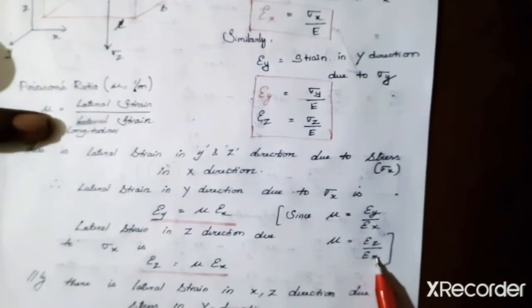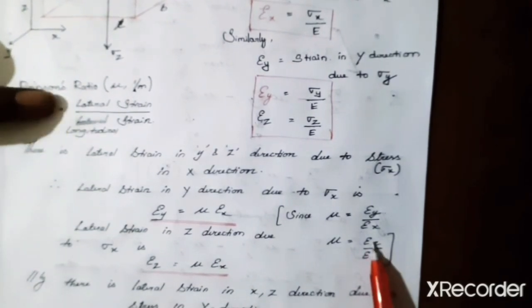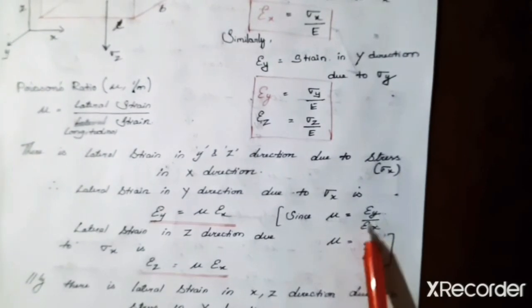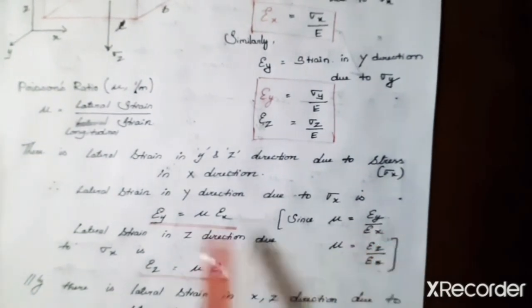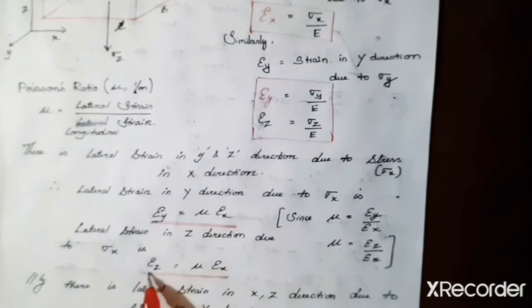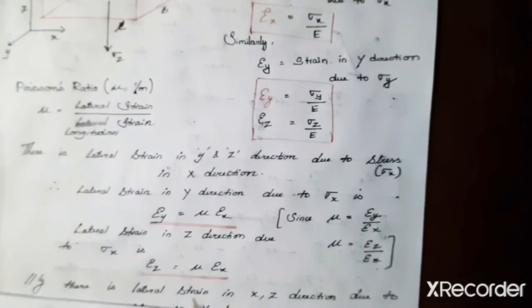And in the same way, lateral strain, epsilon z. Okay, so now just simplify this. You can write epsilon y equals mu into epsilon x, and epsilon z equals mu into epsilon x, isn't it?